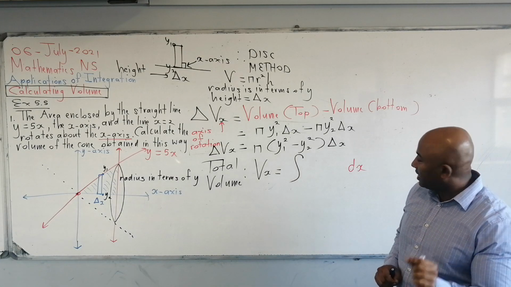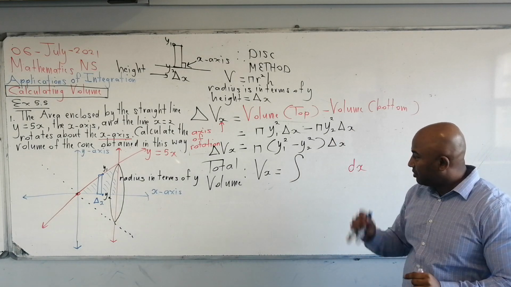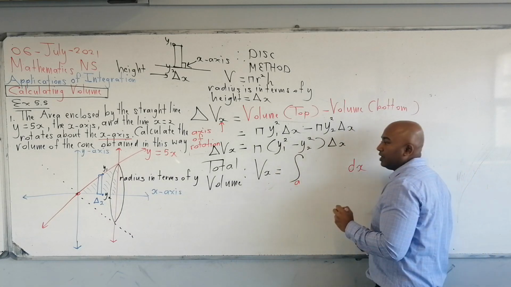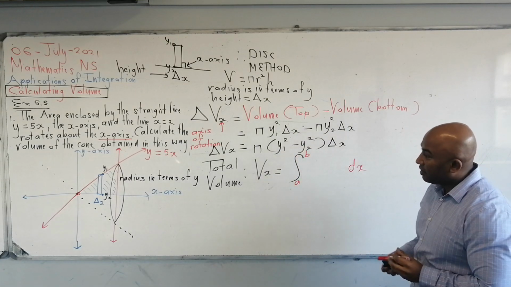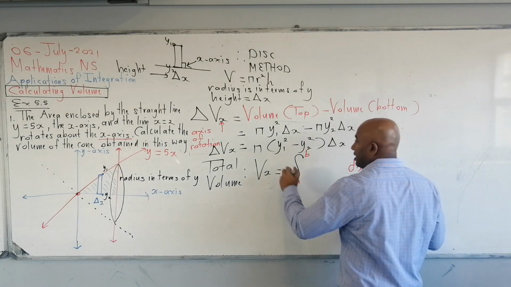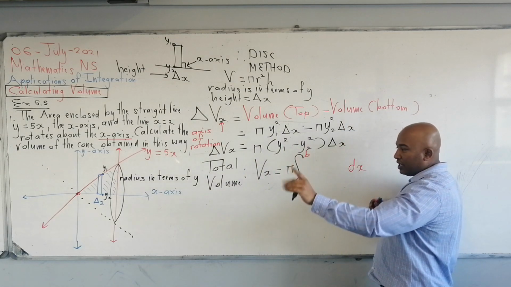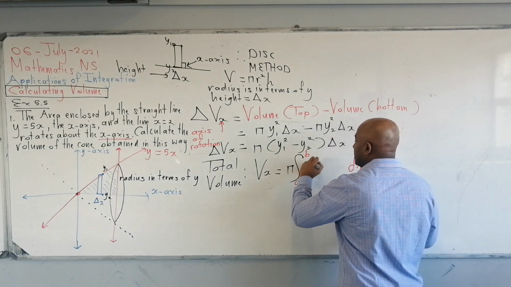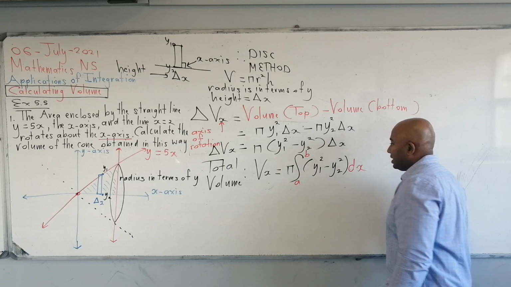We are now integrating with respect to x. We want the x value at the beginning, which we call A, and the x value at the end, which we call B. Pi is a constant, so always take your constant and write it in the front. So this is y1 squared minus y2 squared.